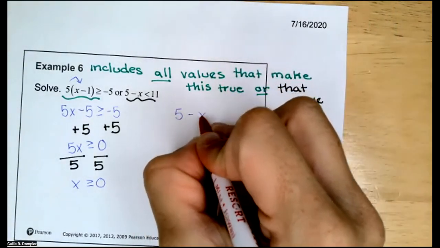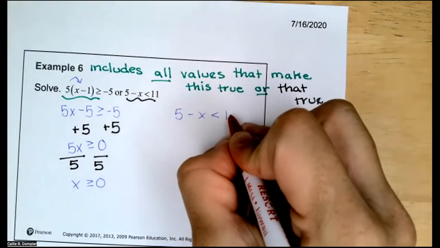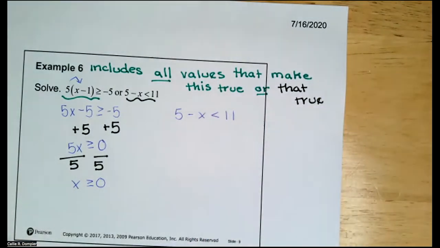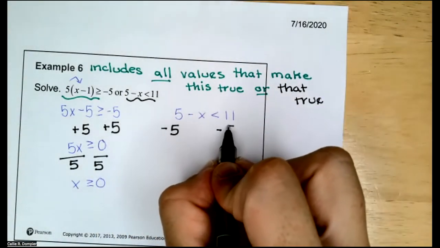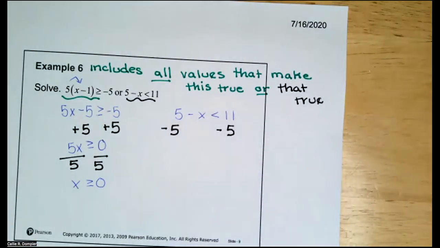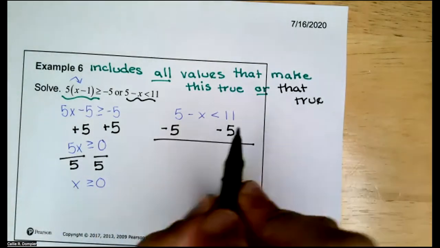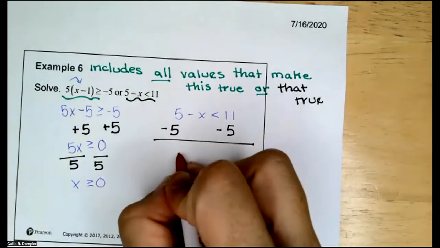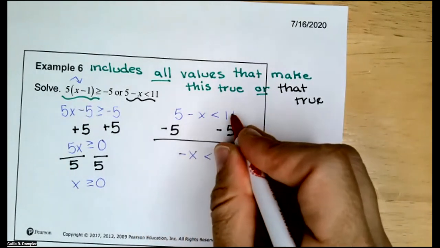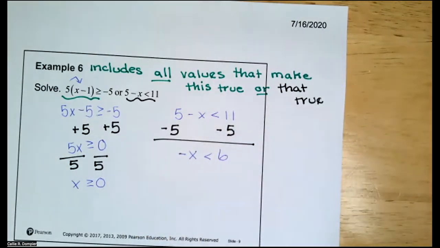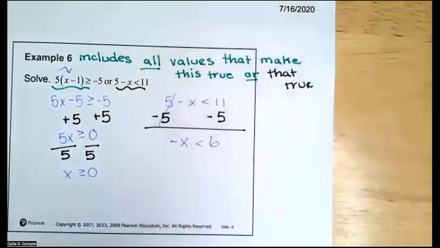Five minus x is less than 11. I'm going to subtract 5 this time from both sides. Yes, draw a line for clarity. Now I have -x less than 11 minus 5 is a +6, right?